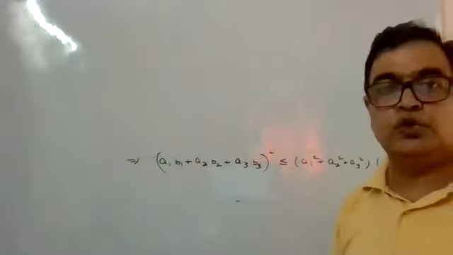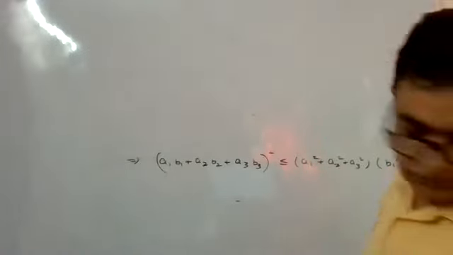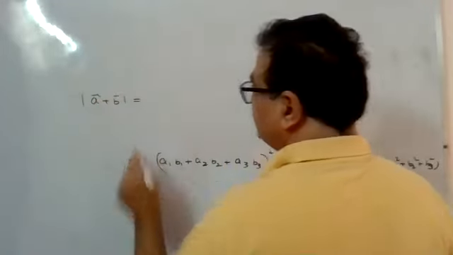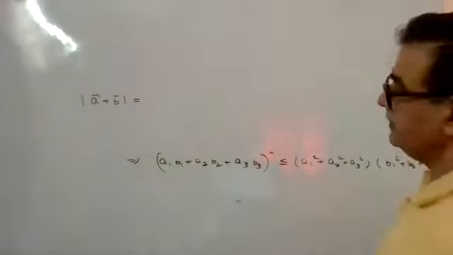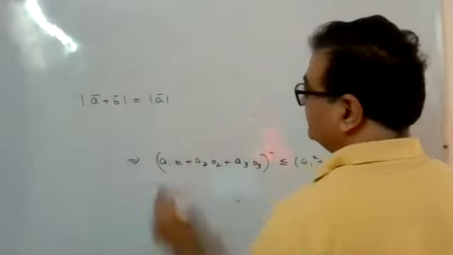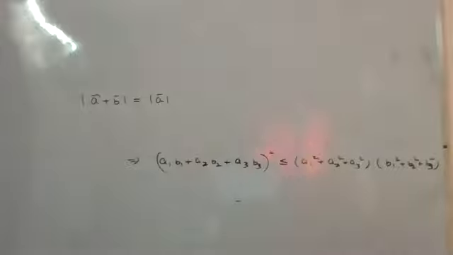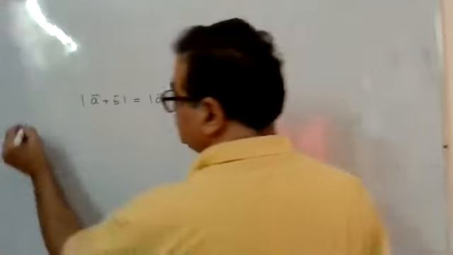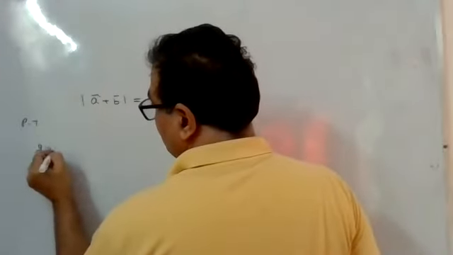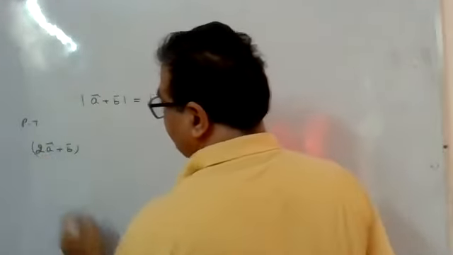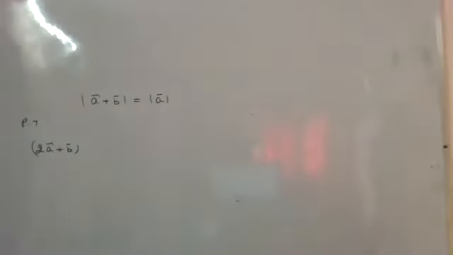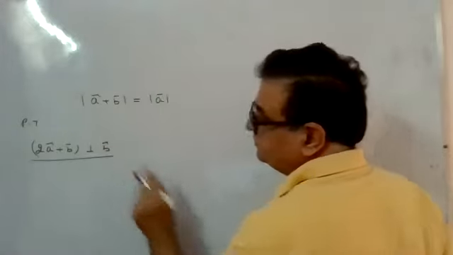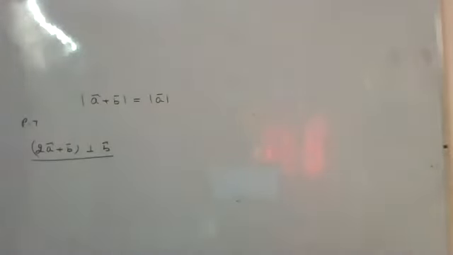If A and B are two vectors such that magnitude of A plus B is equal to magnitude A, then prove that 2A plus B vector is perpendicular to B. You have to prove this.